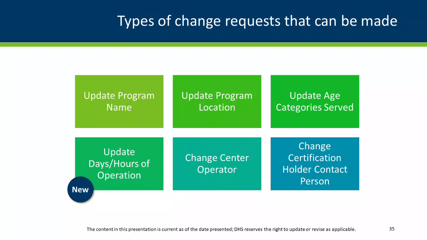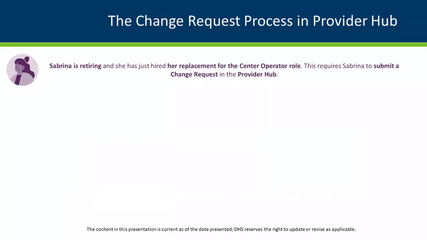So next we'll walk through an example, once again with Sabrina requesting a change to Sunny Day. Sabrina is retiring and she has just hired her replacement for the center operator role. This requires Sabrina to submit a change request in the Provider Hub.